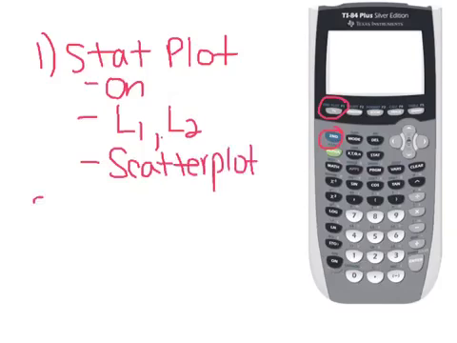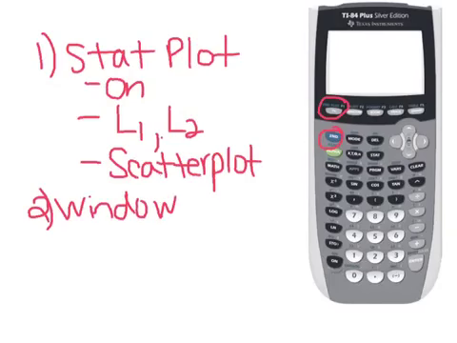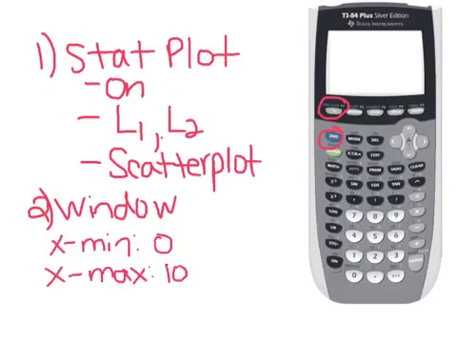Next, we'll go to the window and set up our window for this set of data. In my X minimum, I'm going to put 0. X maximum, I'm going to say 10. X scale, I'm going to say 1.